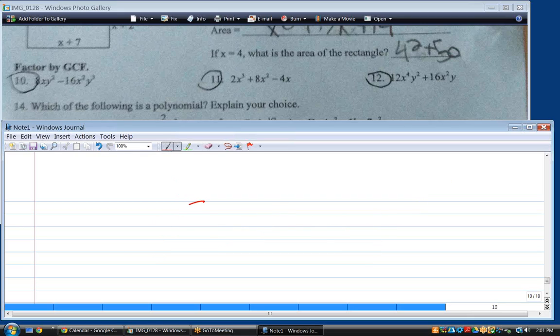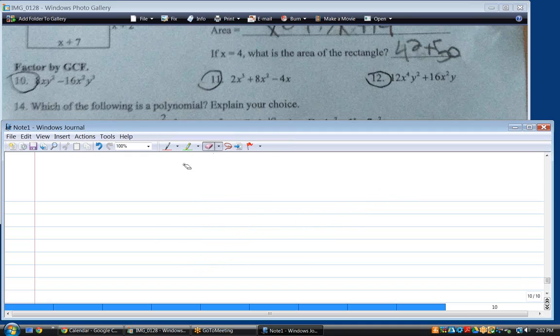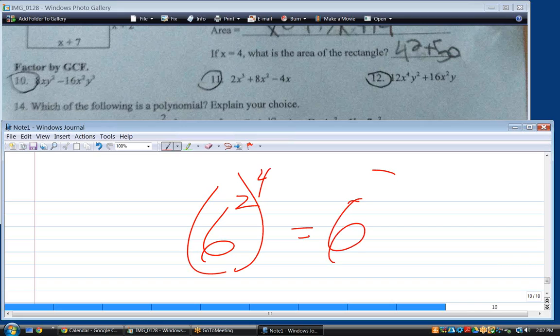What is this? That'd be 5 cubed. I mean 5 squared. Yeah, very good. Because there's an implied 1 right there, so you have to subtract the exponents. And finally, what is that? It'd be 6 to the 8. Okay.